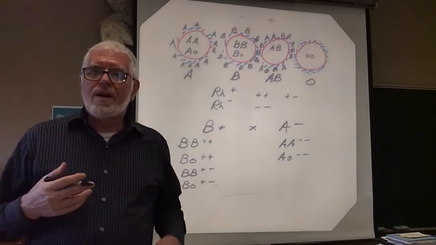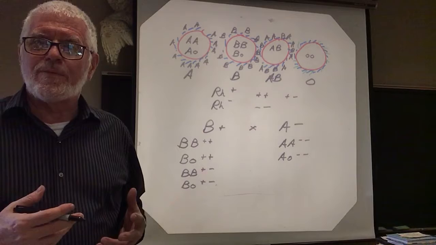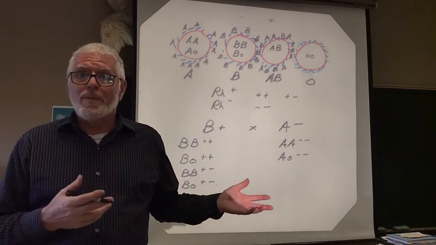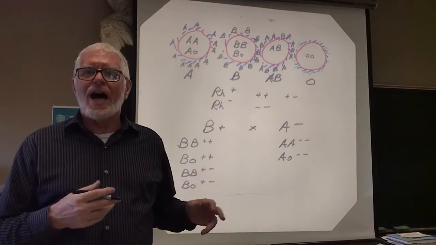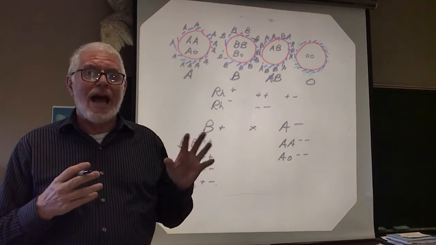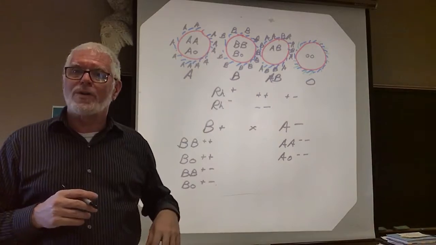So if you have B positive blood, there's 4 different mixes of alleles you could have, and you don't know what you've got until you figure it out. And there are ways to figure it out that go to the second question.